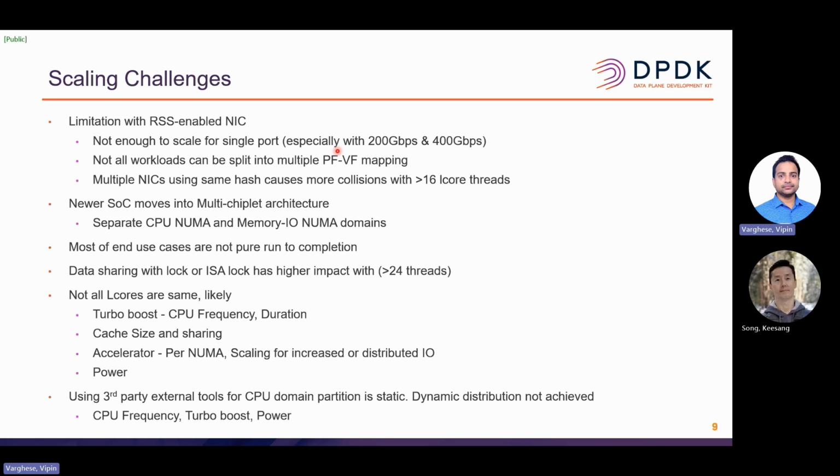So RSS scaling can be done effectively up to 16 lcores with 100 Gbps. Anything beyond that, like 200 or 400 with multiple NICs, RSS does not solve the problem for the customers that we have worked with.